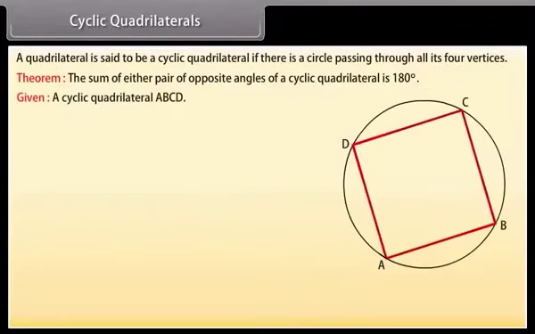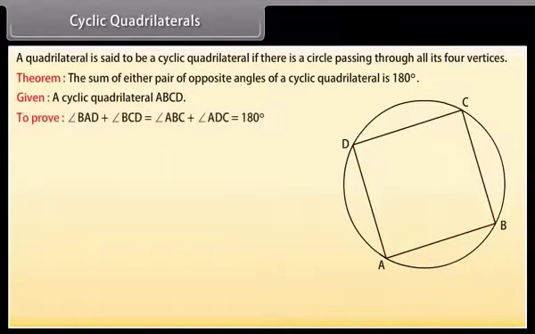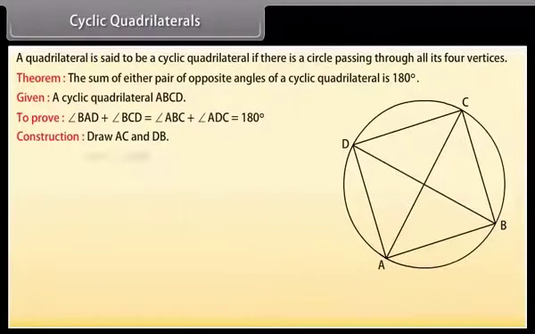Given a cyclic quadrilateral ABCD. To prove, angle BAD plus angle BCD is equal to angle ABC plus angle ADC, which equals 180 degrees. Construction: draw AC and DB.